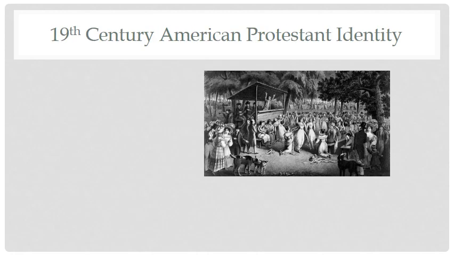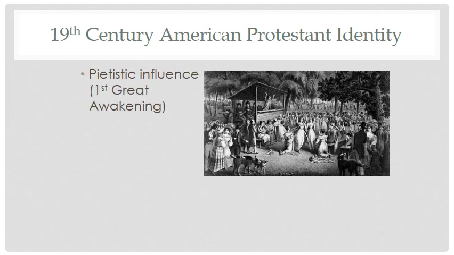So, some specific things that shaped Protestant identity in America include the First Great Awakening, which I'll call the pietistic influence on American Christianity, and that is the turn to the idea that true religion is something that affects a change within the heart.